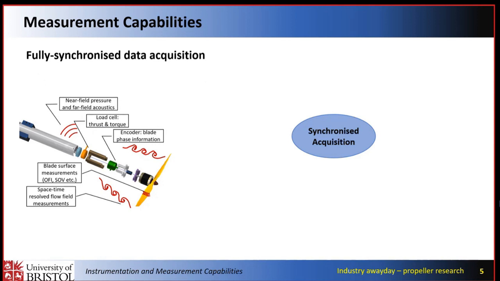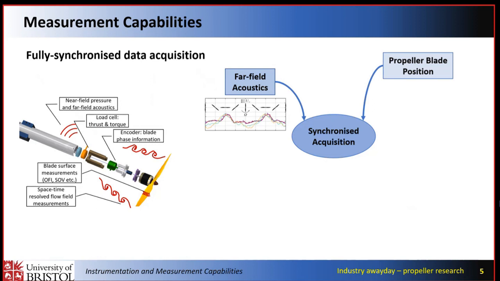We focus our techniques on synchronized acquisition, meaning that the measurements and the propeller positions are all synchronized, so that we can have information across a period of rotation or many periods of rotation. For instance, the position and far field acoustics phase.